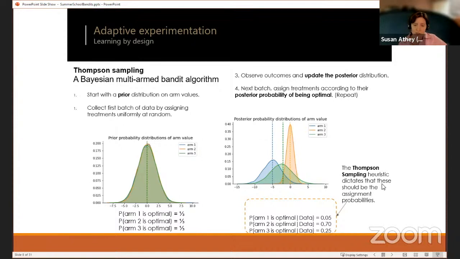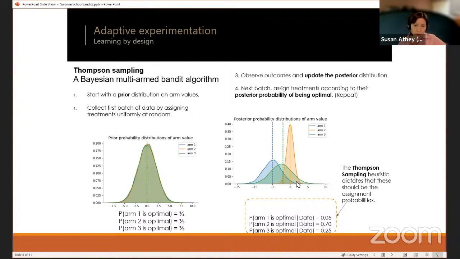And then what the Thompson sampling heuristic does is it at every stage, so you're going to keep doing this over and over again, so you're going to have batches. So after you collect a batch of data, you update these posteriors. And then you're going to calculate from that data the probability each arm is optimal.